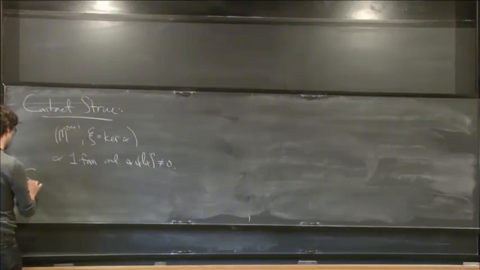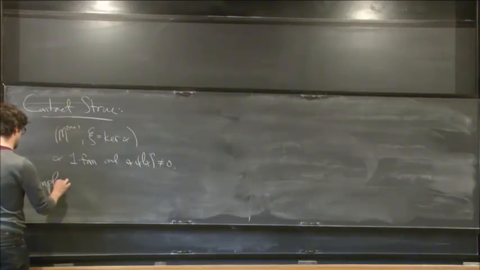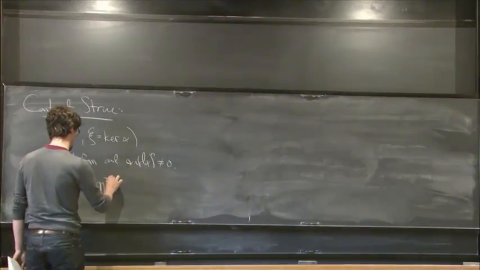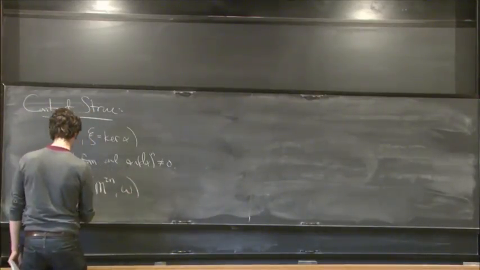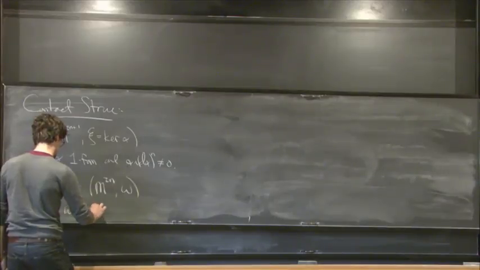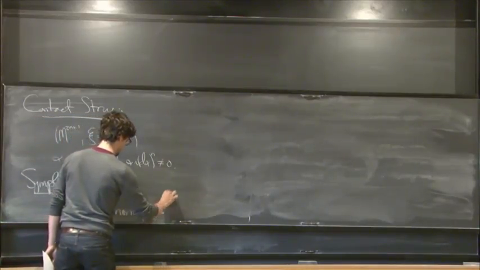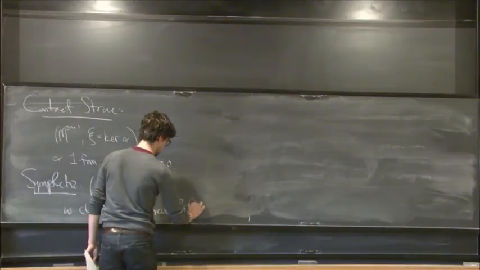And symplectic is where you have an even dimensional manifold, and omega is a closed, non-degenerate 2-form.